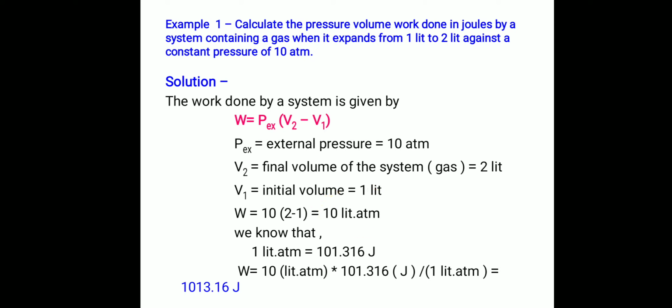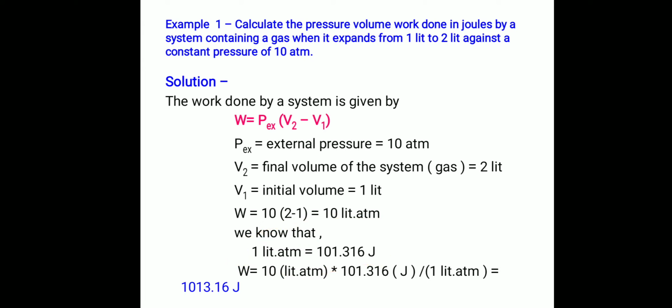But in the example they asked to calculate the PV work done in terms of joules. So what is the relationship between liter atmosphere and joules? For this purpose I have written 1 liter atmosphere is equal to 101.316 joules.